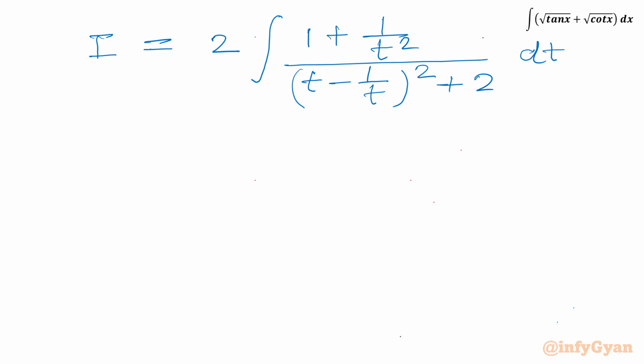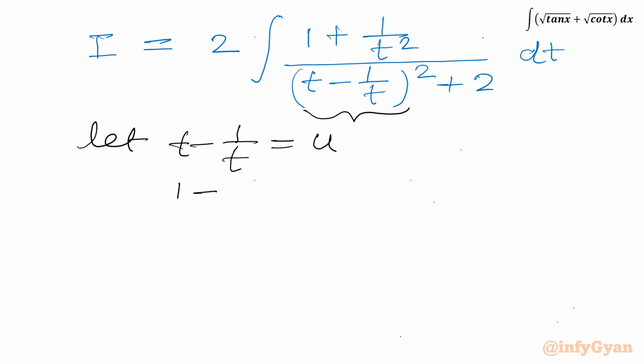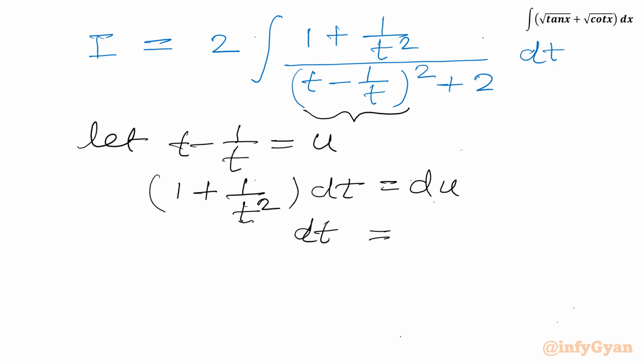Now again we will consider a substitution and see t minus 1 over t. I will consider equal to u suppose. So I will differentiate both sides. So 1 minus this will give us 1 over t square and dt equal to du. So I can write from here dt will be equal to du over 1 plus 1 over t square.